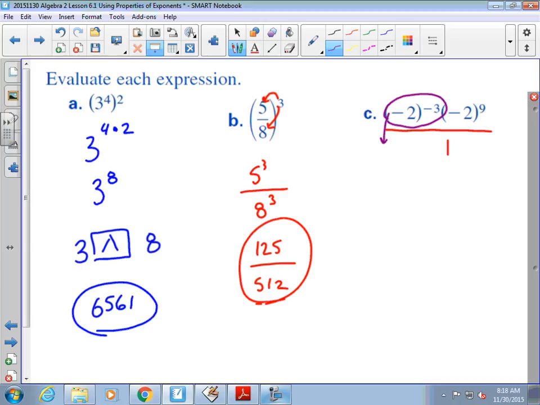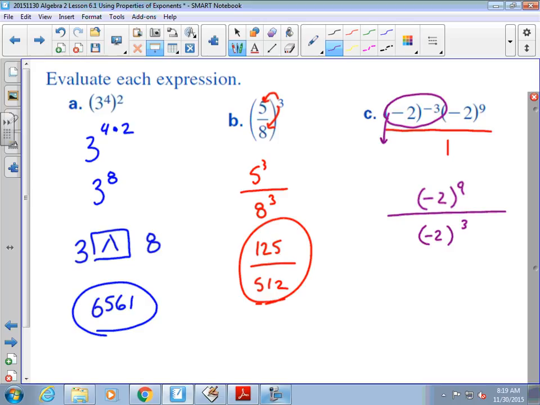So now what you're left with on the top is negative 2 to the 9th power. That's not being raised to a negative exponent. Even though it's negative 2, it's being raised to a positive 9. Over, it's still negative 2. And again, only because it's in parentheses does it go down. Negative 2 to the negative 3rd becomes the 3rd power.